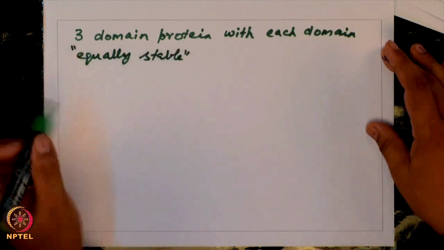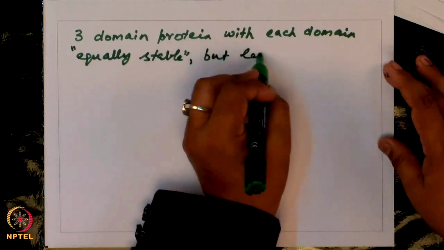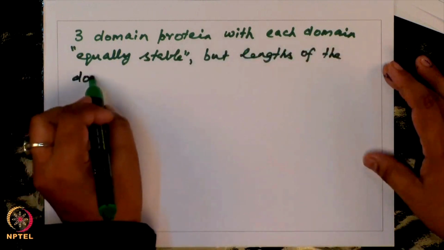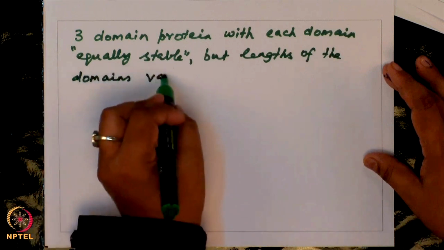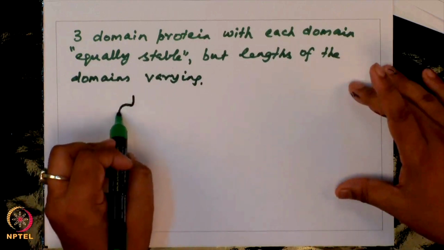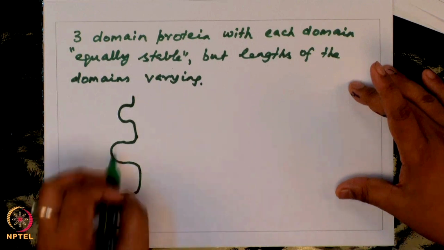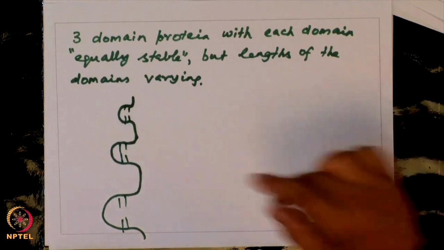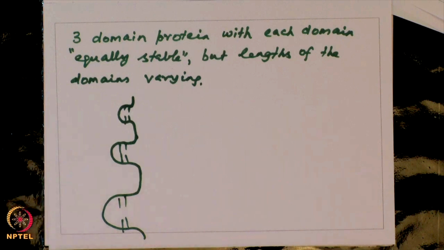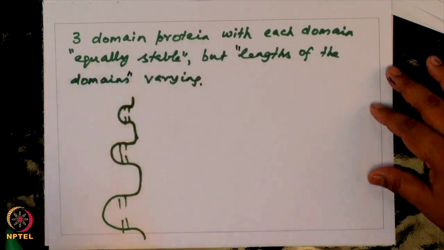Equally stable would mean that the unfolding force is equal, but the lengths of the domains are varying. I am drawing these 3 domains. The force required to unfold each of these domains remains the same, but the sizes of these domains are varying. Lengths of domains varying means the domain sizes are varying.